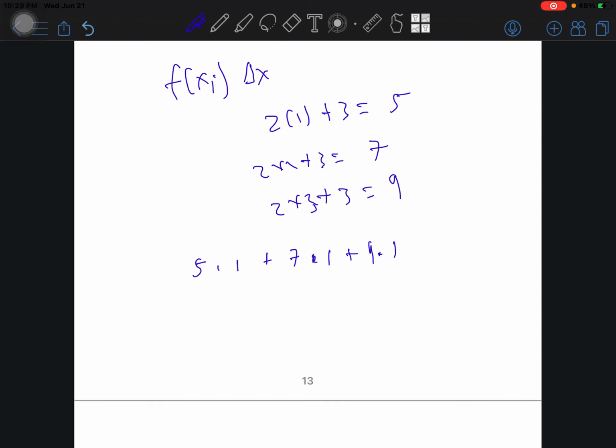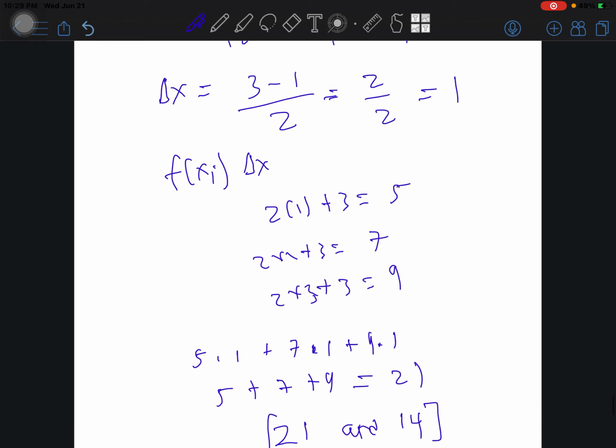And as you can see, it will be 5 plus 7 plus 9. So when you add this, 5 plus 7 is 12, plus 9, that gives us 21. So we can see there's a huge difference between 21 and 14, right? Then the error will be a very huge error.